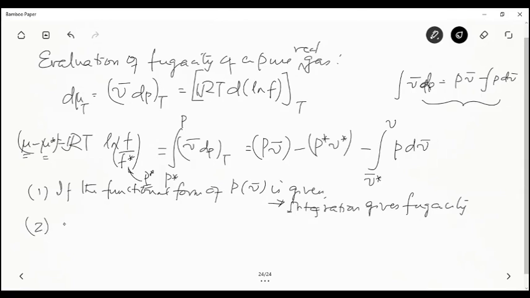The second method is using the compressibility chart. So you say that d mu T is equal to v bar dP at constant T, which is equal to RT d of log f at constant T. Okay, and now if I rewrite this expression by taking this dP here, so you get RT d log f over dP.